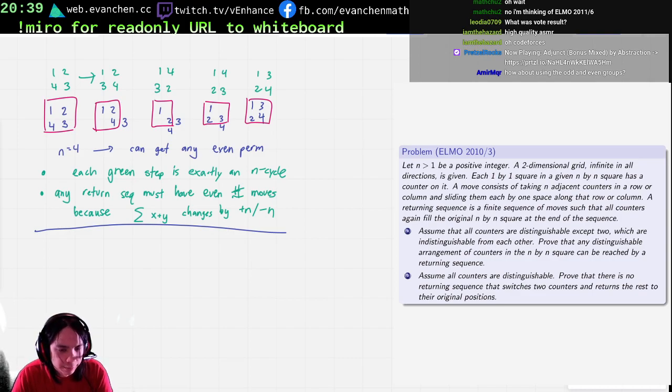By considering some x plus y, we see any returning sequence has an even number of moves, since each step changes the sum by plus or minus n. Need to get back to start. Oops.